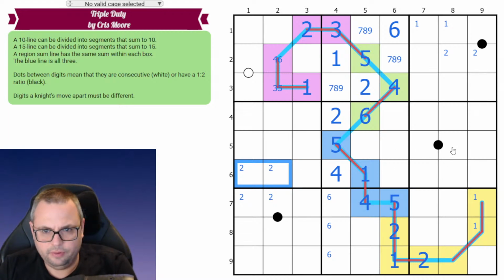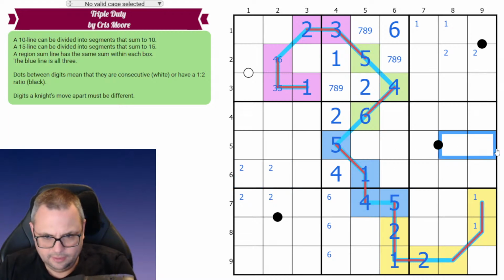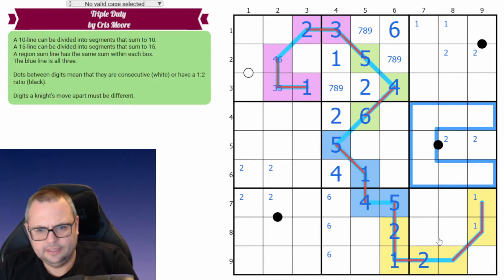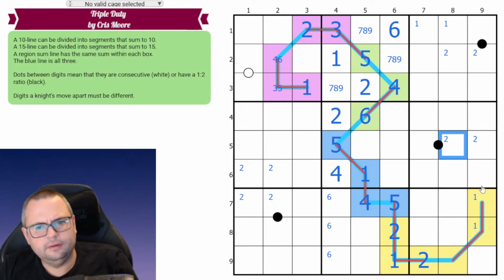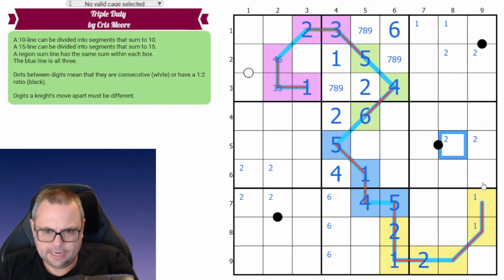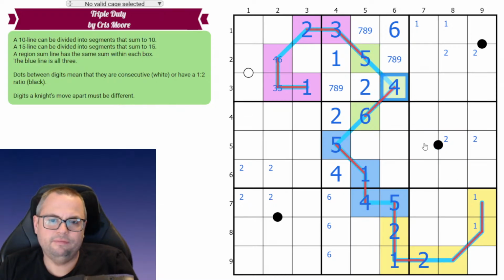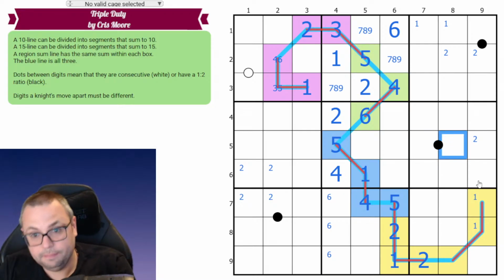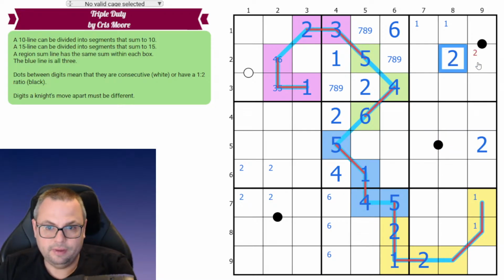And then the 2 over here is now in one of these two cells, I believe, just by that and that. Not on the dot, because that can't be a 4 or a 1, right? That sees a 1 and a 4. Okay, beautiful. So that is a 2 and that is a 2.